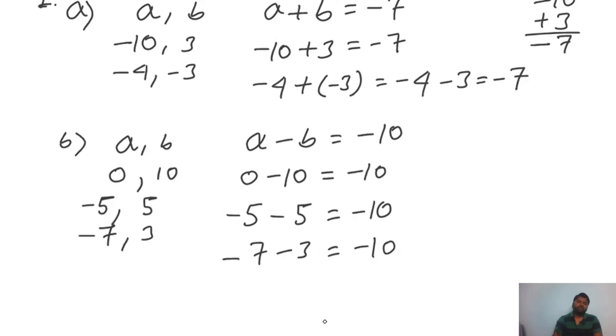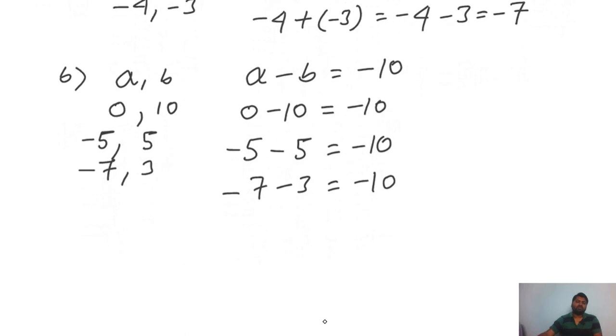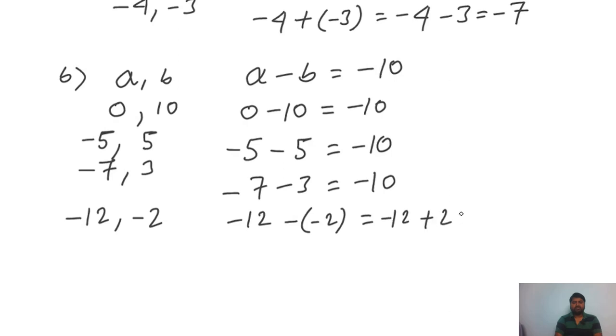Okay, so we can choose different kinds of numbers. Suppose we can choose -12 and -2. This is also -10, because -12 minus of -2 means +2, -12 plus 2 equal to -10.